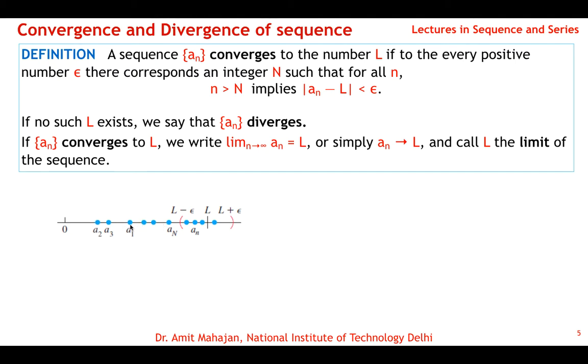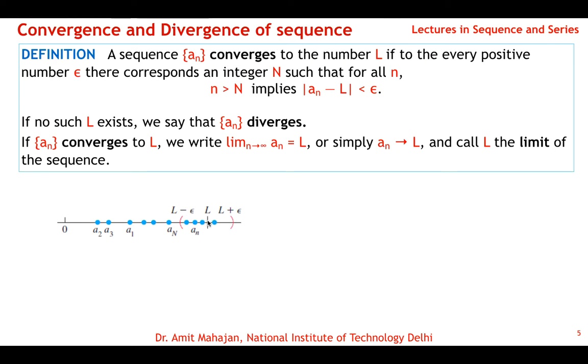It doesn't matter how it starts, but there exists an integer capital N such that when n is greater than capital N, after this point, for integer capital N the corresponding element is a_N. After this element, all the elements lie within the epsilon distance from L.